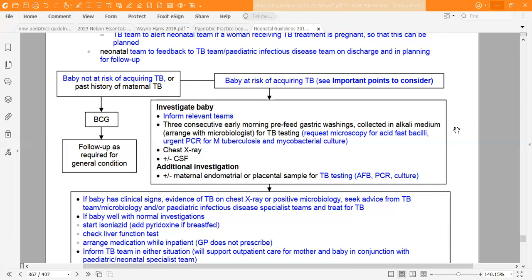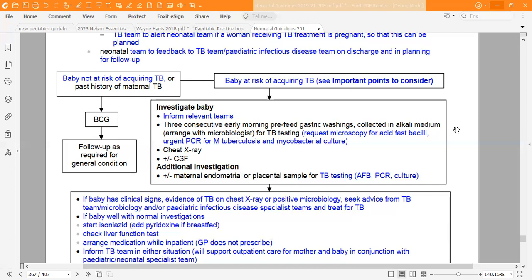So again, if you have a baby at risk of catching TB, we have to inform the relevant teams first. We need to obtain 3 consecutive early morning pre-feed gastric washings collected in alkali medium.